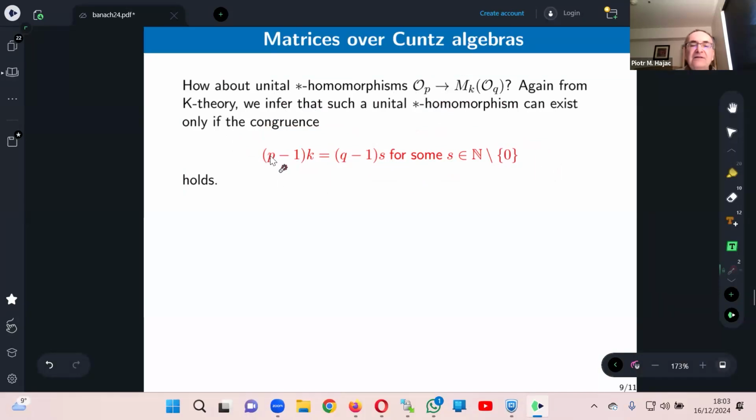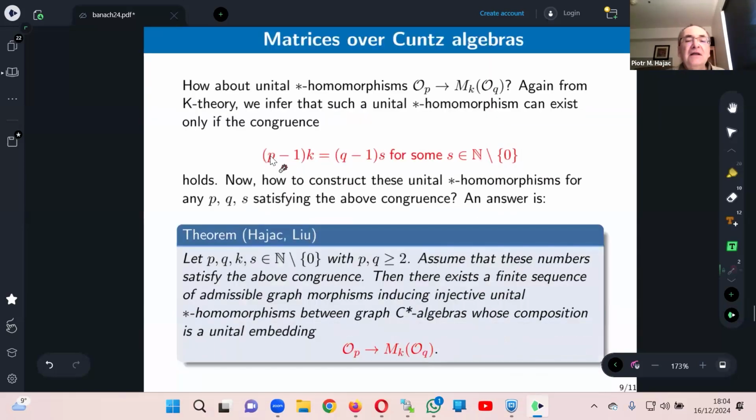This is how you derive this congruence relation. And well, again, by Kirchberg and Phillips, we know that they should exist, but the problem is how to construct them. Well, and the answer is provided by my very recent work with Yang Liu, but I repeat, it was inspired by Jack Spielberg and our visit to Arizona.